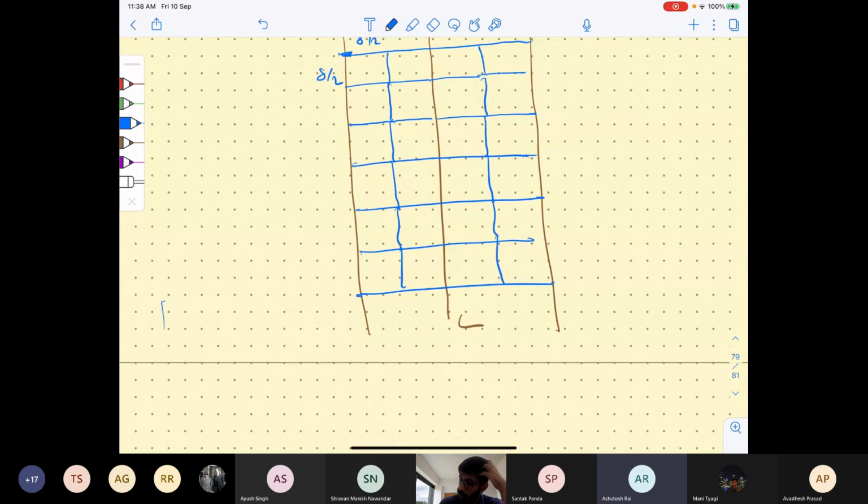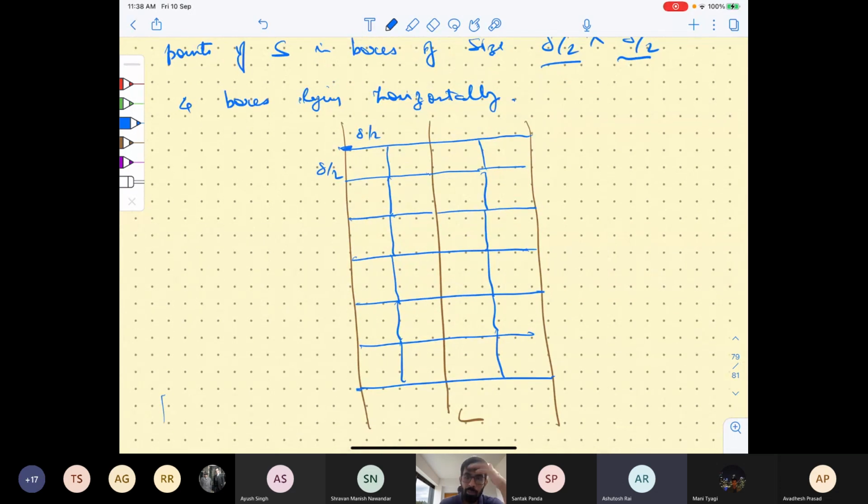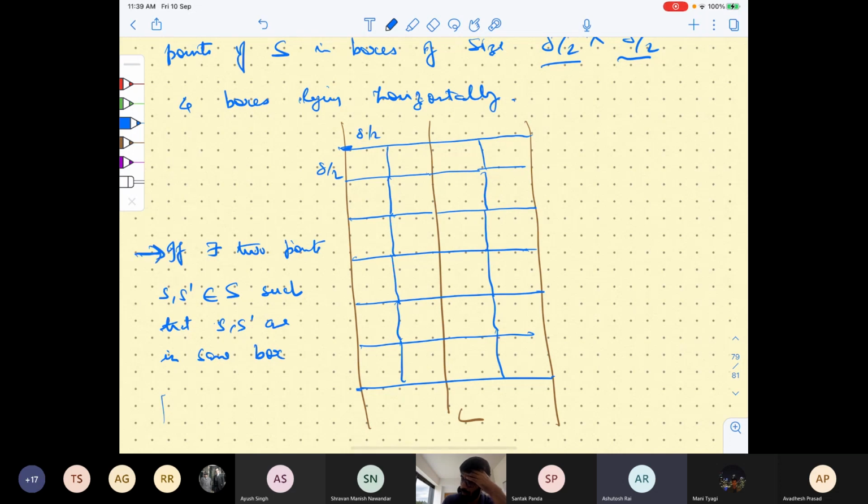Good. But the point is that every box has size delta over 2 times delta over 2. So if there exist two points, let's say S, S prime belonging to S, such that S, S prime are in the same box. Suppose this happens, that there exist two points which lie in the same box.